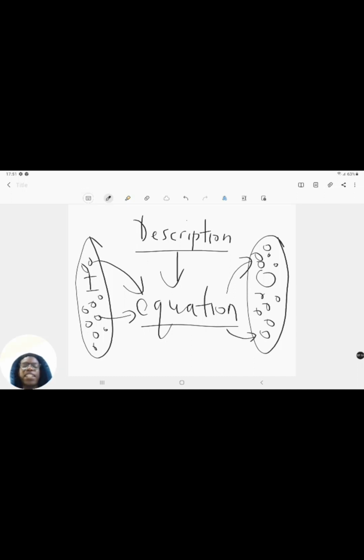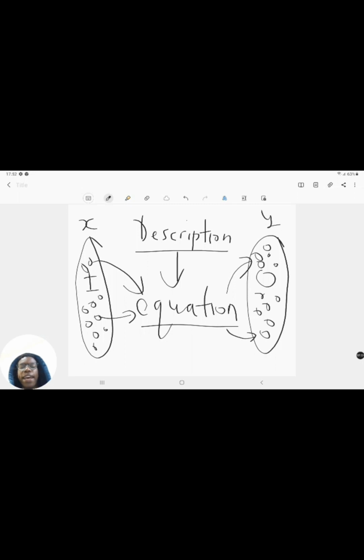So it's basically just a relation. It's a description. It relates your input values to your output values. Your input values will usually be in the form of x, and your output values will usually be in the form of y. X represents your input values, and y represents your output values.